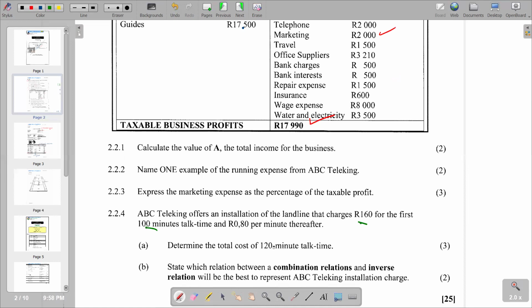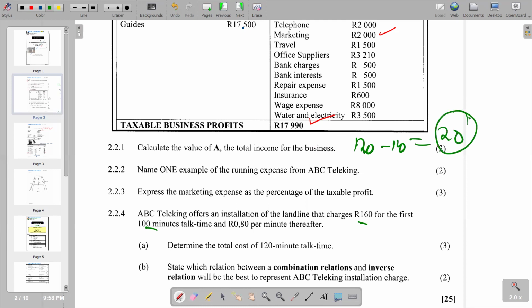So for the first 100 minutes we are going to see 160. Remember, we want to calculate for 120, so we say 120 minus 100, and then we are going to get 20 minutes.